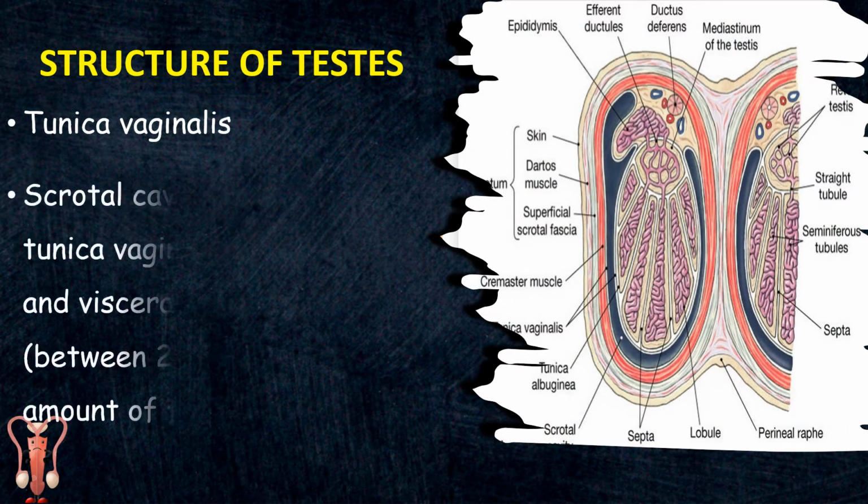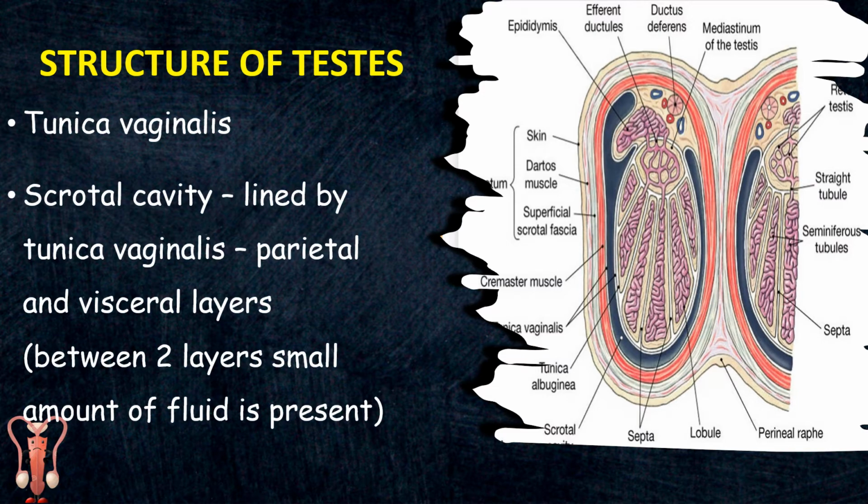The tunica vaginalis is a closed sac partially surrounding the testis. There are two layers in it: the inner visceral layer, which adheres to the tunica albuginea, and the outer parietal layer, which lies in close contact with the inner surface of the scrotum.